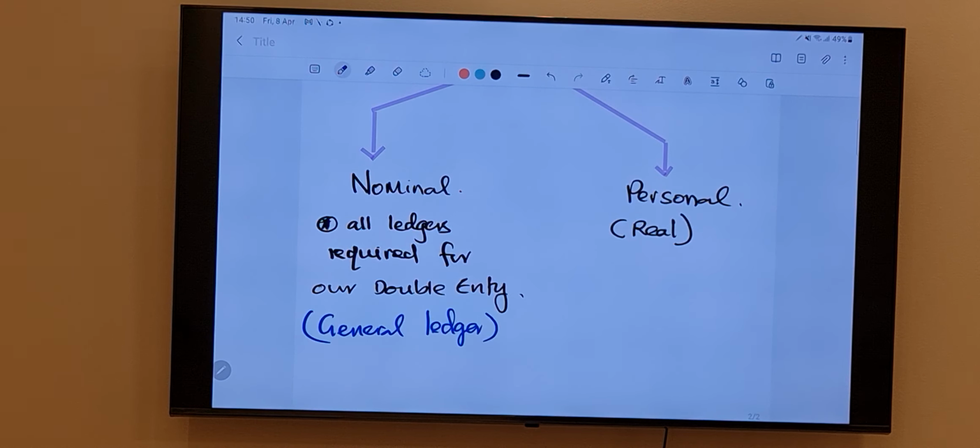What is the personal or real ledger? We have another name here actually: subledger. Example, receivables ledger or payables ledger.